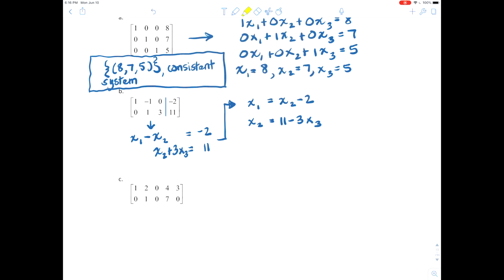We know that x2 is equal to this here, and we want to have the least amount of parameters as possible. So I am going to say x1 is going to equal 11 minus 3x3 minus 2. The 11 minus 3x3 is substituting in for x2. And this in turn will be equivalent to 9 minus 3x3.